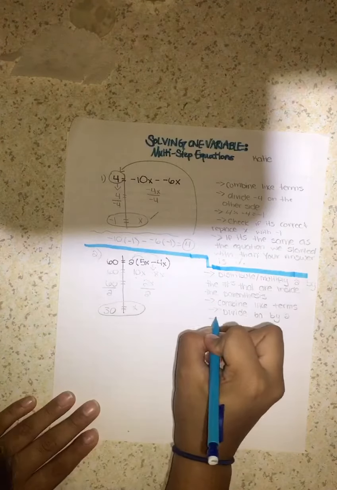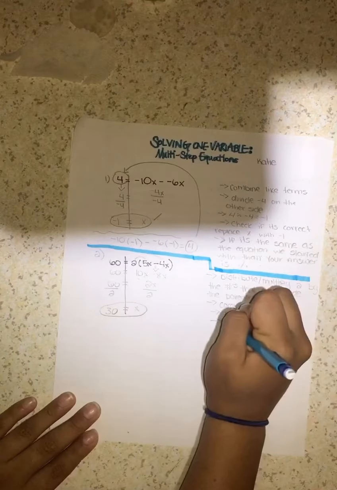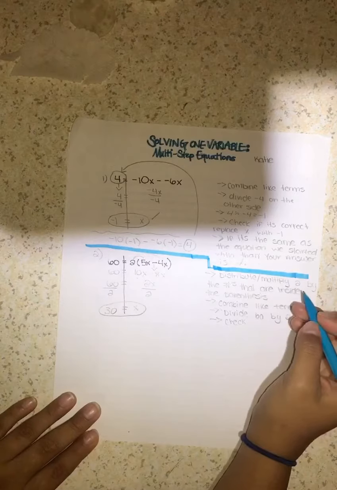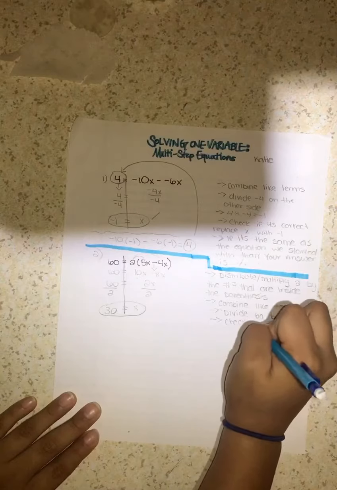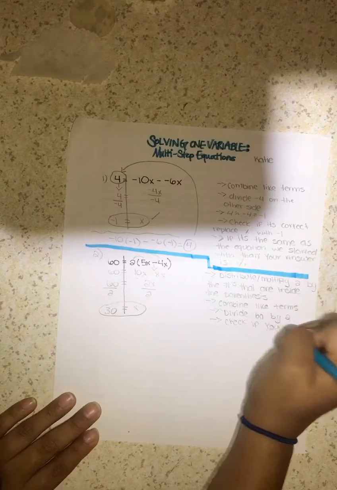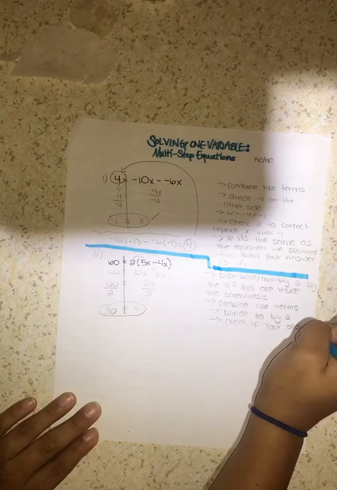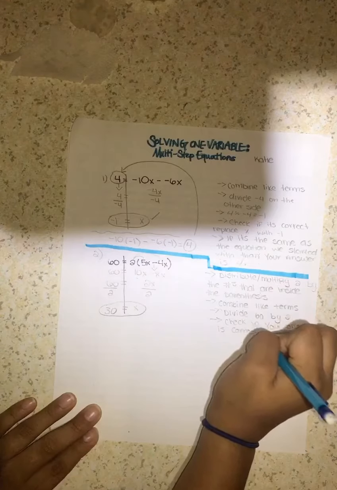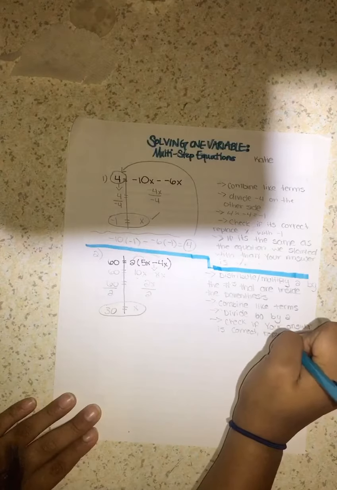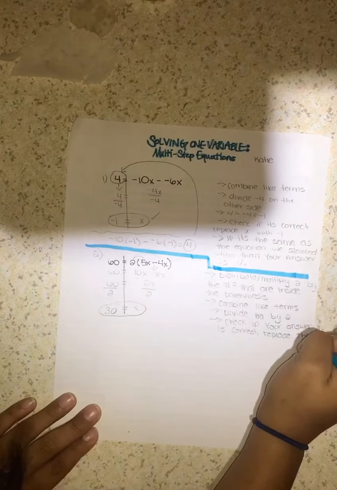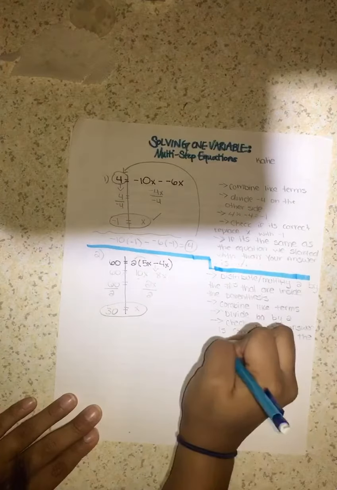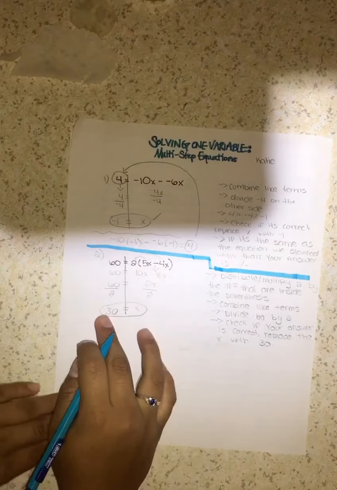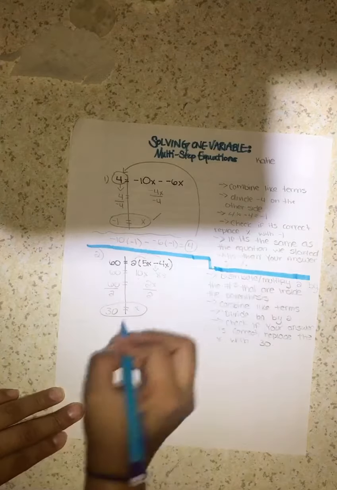So the same step is required here, like we did up here, to check our answer. To check if our answer is correct, we are going to replace the x with our answer, 30. So we're just going to bring this down.